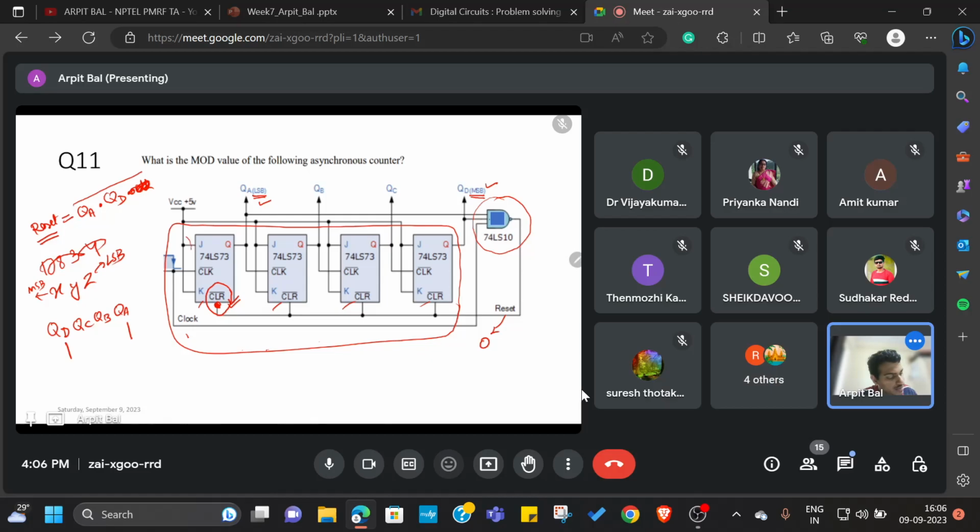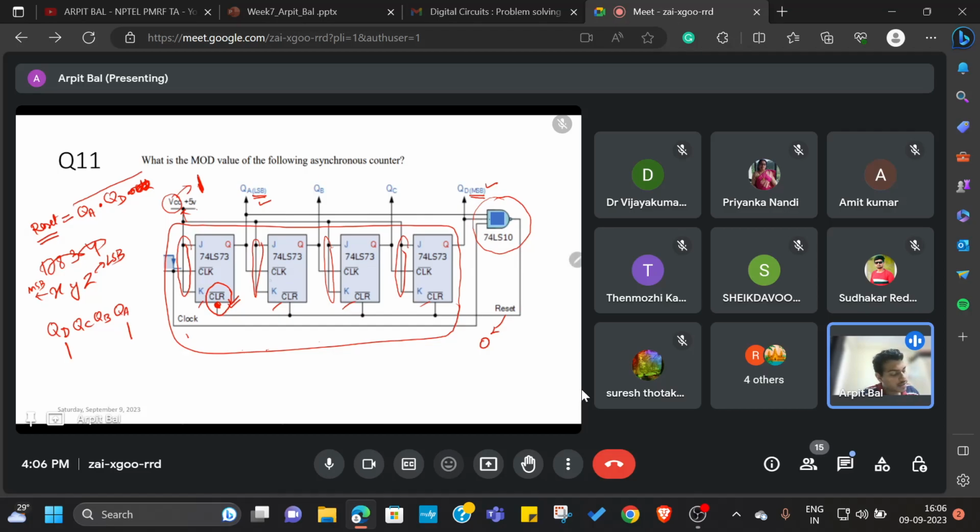Because the JK input in all the cases is tied to VDD. In this case it is written VCC, so basically it is tied to high or 1. It means it will behave like a T flip-flop with T equal to 1, right? It will keep on toggling the states.